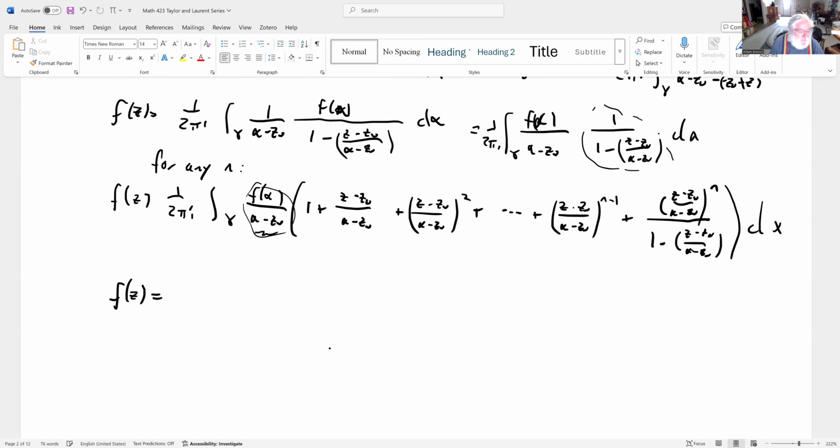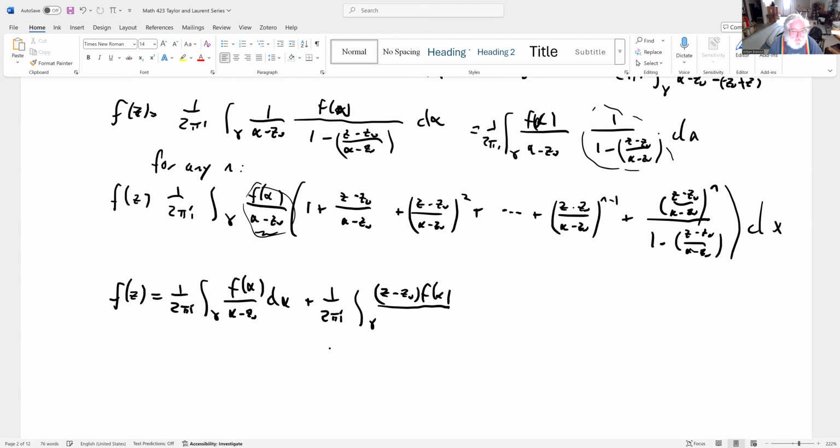So we get f of z is 1 over 2 pi i, integral around gamma of f of alpha over alpha minus z0, d alpha, plus 1 over 2 pi i, integral around gamma of z minus z0 times f of alpha over alpha minus z0 squared, plus 1 over 2 pi i, integral around gamma of z minus z0 squared times f of alpha, d alpha, over alpha minus z0 cubed.